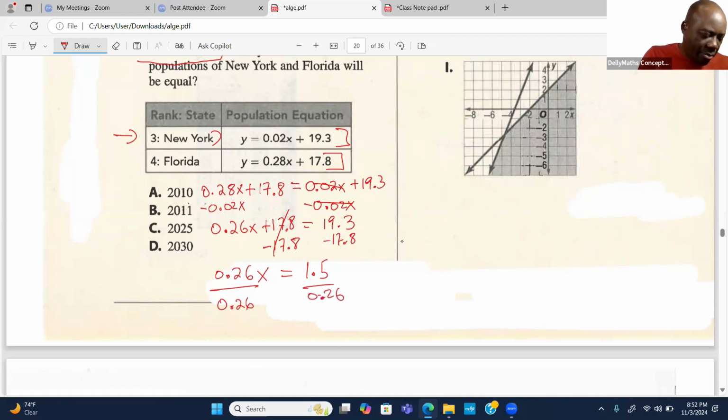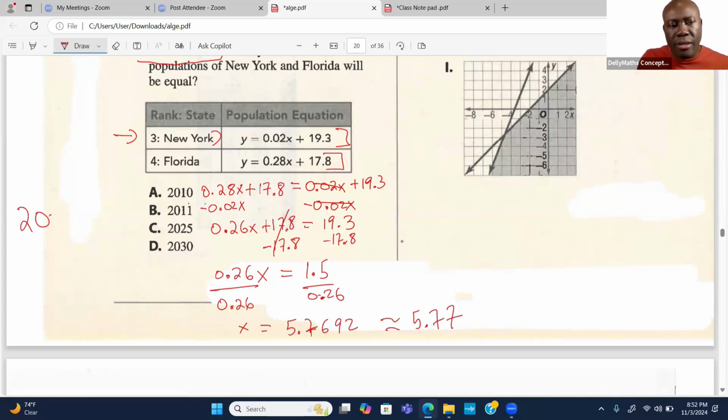So 1.5 divided by 0.26, I'm getting that x is 5.7629, and it goes on. So roughly, this is 5.77. Now, what is x? Remember, the question says x is the years after 2005.